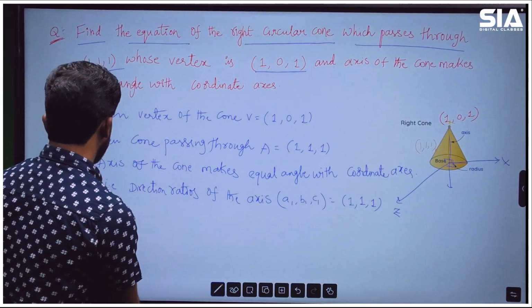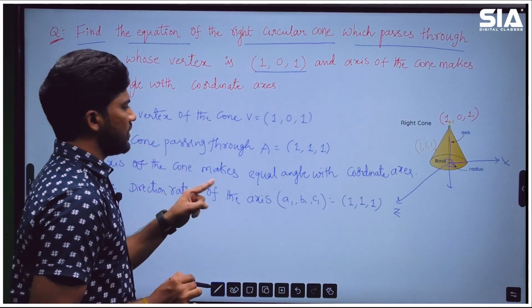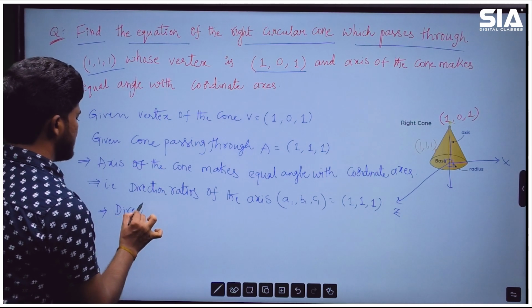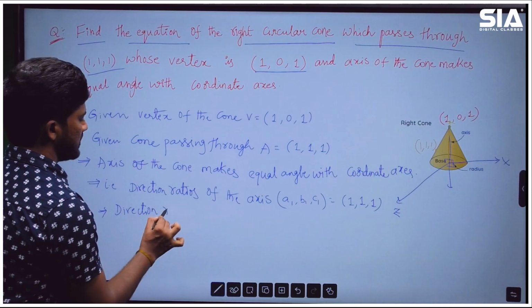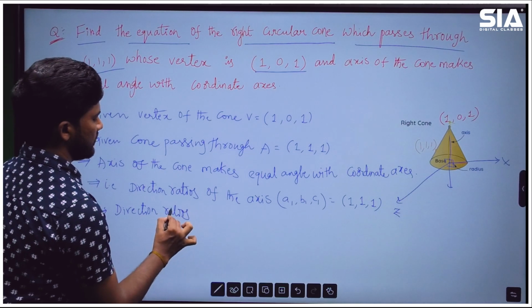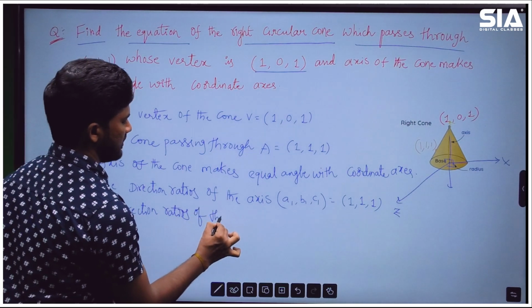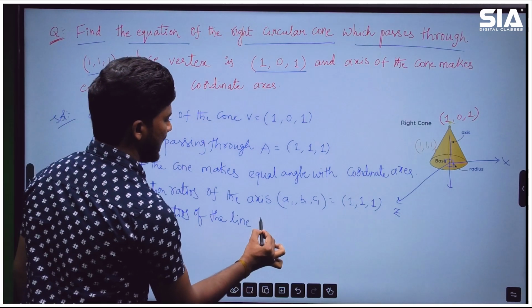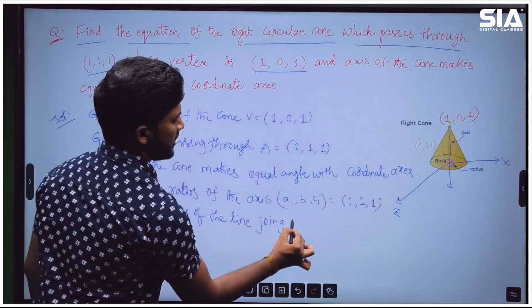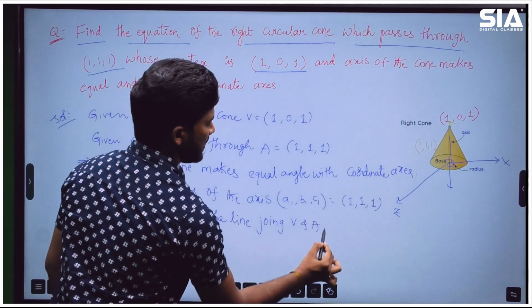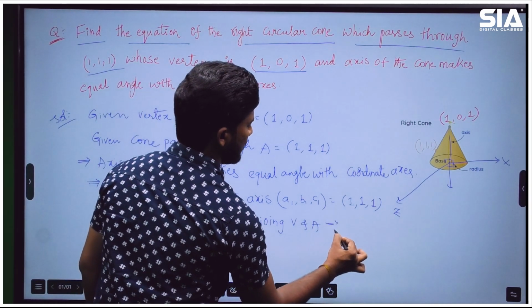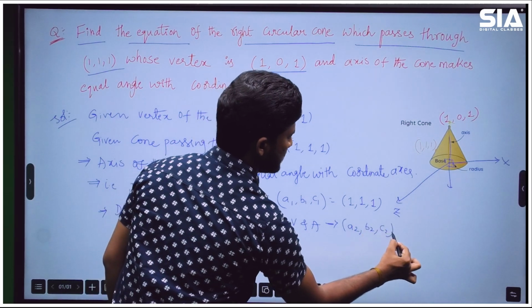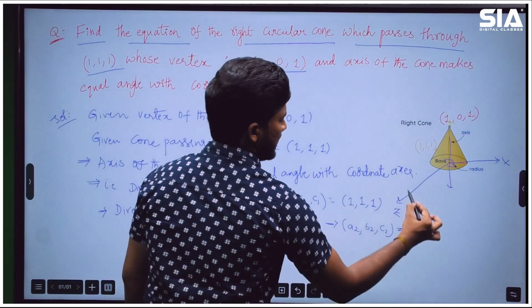Next we have to find the direction ratios of the line joining V and A, that is VA. We can write a2, b2, c2.